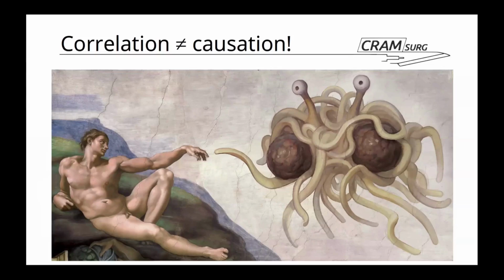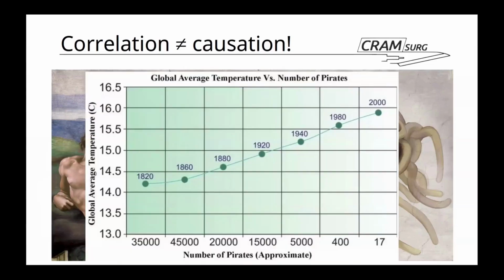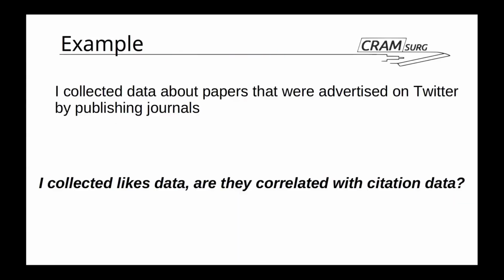And one of the things that are often talked about in relationship to this religion is the strong belief that the average temperature of our planet is going up, not because of what we are doing to the planet, but because the number of pirates has been declining. And this is clearly a joke and is meant to say that, again, correlation is not the same thing as causation, if that makes sense. Look it up, it's very funny.